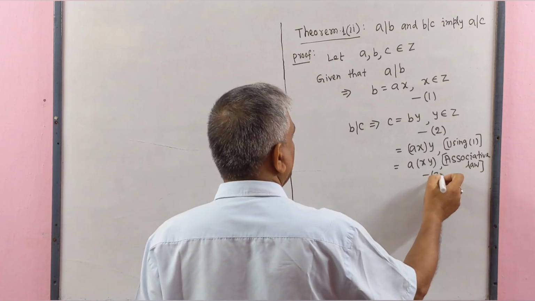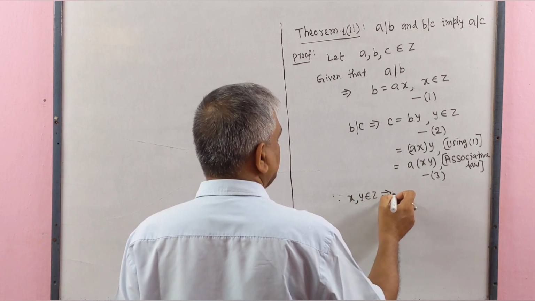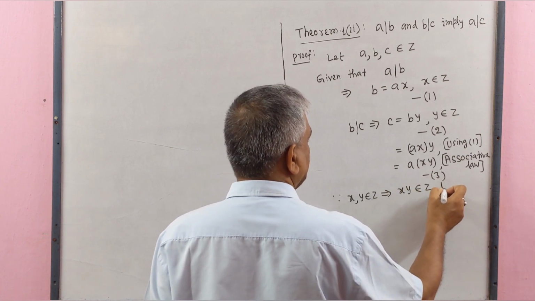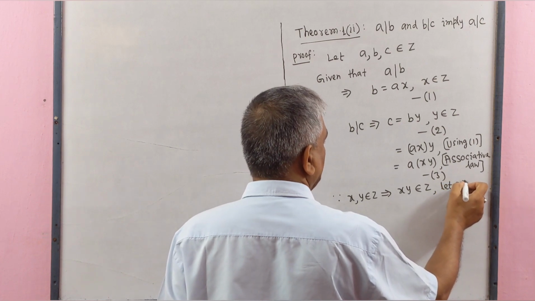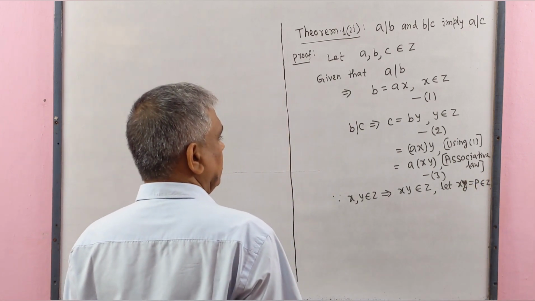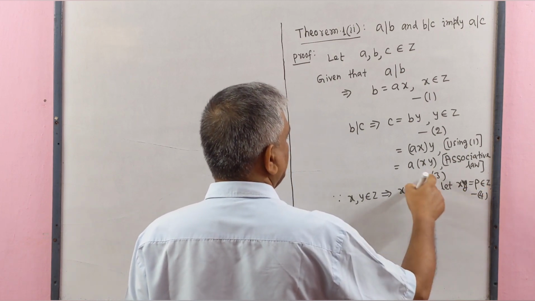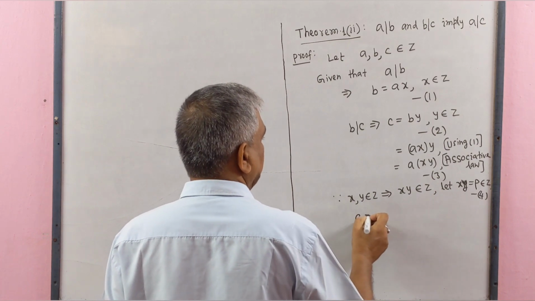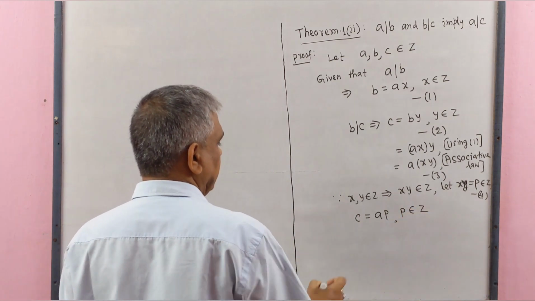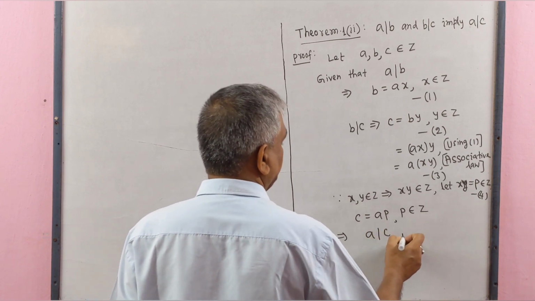This is number 3. Since X, Y belong to Z implies that their product XY belongs to Z. Let XY equal to P, P belongs to Z. Therefore, using 3 in 2, we get C equal to AP, P belongs to Z, implies that A divides C. Proved.